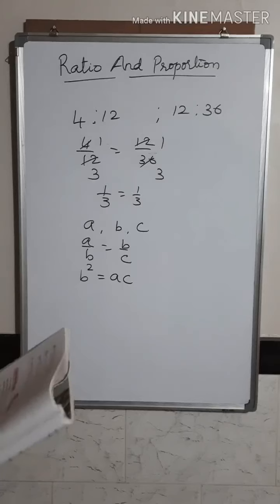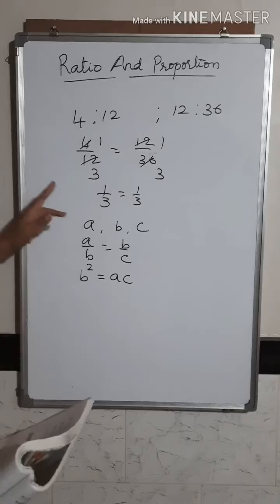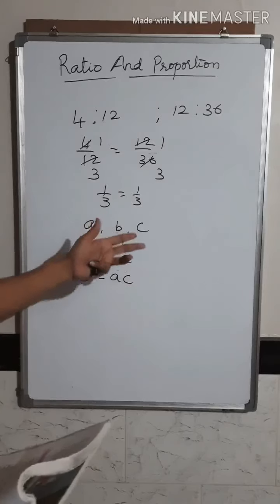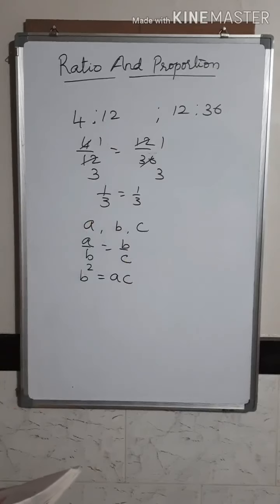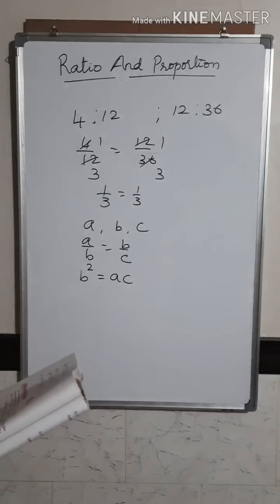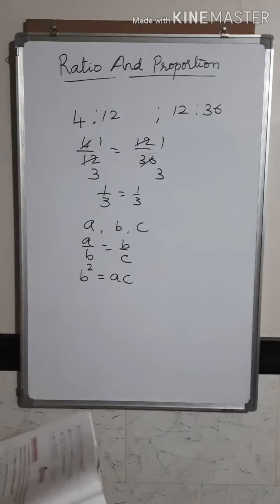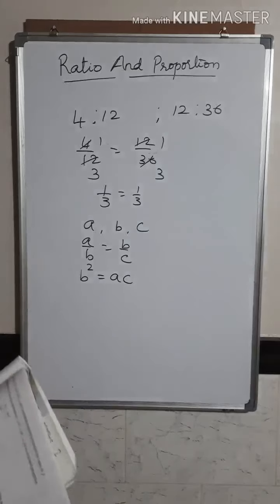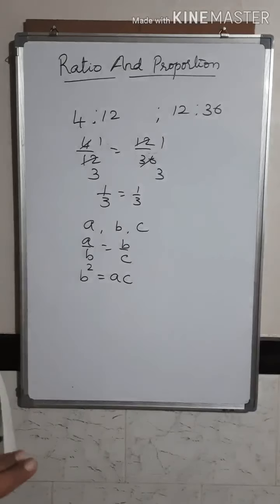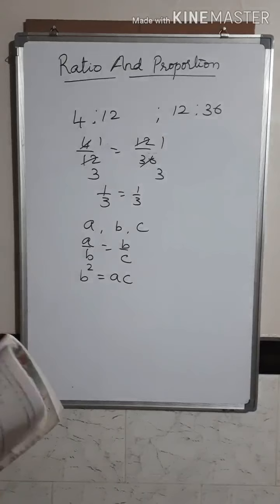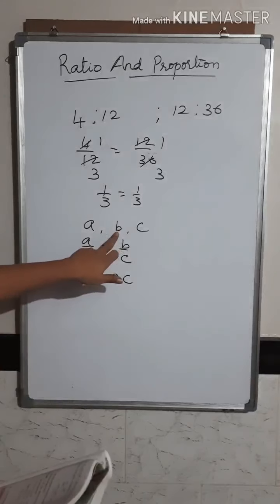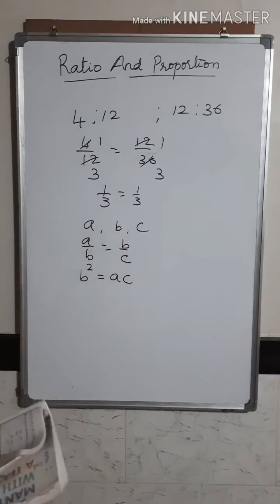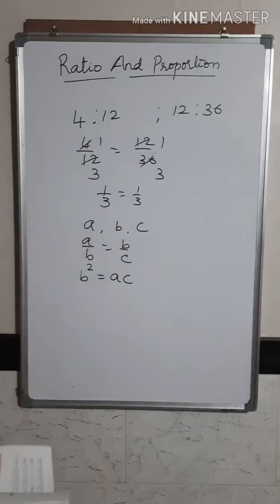There are a few problems where the terms will be given and they'll ask you to find any one of the terms if they are in continued proportion. You have to find either the geometric mean or the mean proportional. Both words mean the same, so don't get confused, because for finding the value of B, B is called the geometric mean and also the mean proportional.